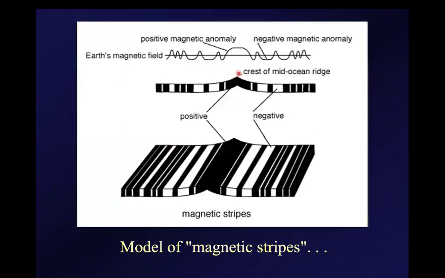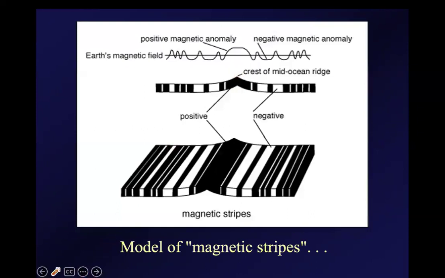At the crest of a mid-oceanic ridge, the rocks that are forming right now, as they cool, take up the magnetic field of the Earth. You could think of them as being like a lot of little compasses whose needles are permanently frozen in the direction of magnetic north.